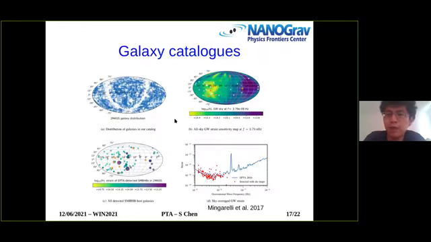Now, alternatively, you can also use galaxy catalogs and simulations to get an estimate on the merger rate. So this is what Chiara and her collaborators did, starting from 2017, and it's still continuing. So what you can do is take a galaxy catalog, for example, the 2MASS galaxy distribution. That was chosen because they also have redshift measurements for each of those galaxies.